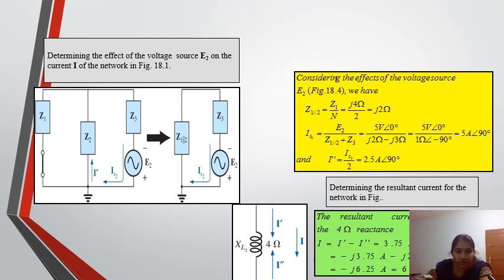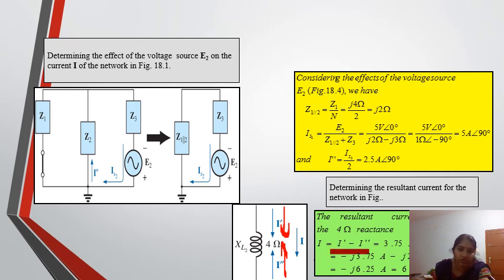Next, we have to find the current through the 4 ohm or XL2. In the first case, the current direction is downward, and in the second case the current direction is upward. So the total current will be I dash minus I double dash.